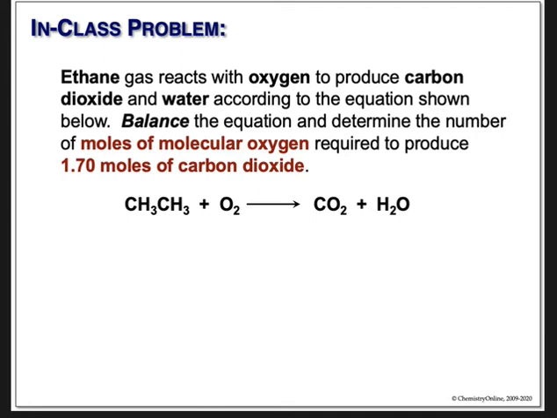And instead of 1, we'll have a 2. So the final balanced equation looks like this. Any questions? If it ever turns out like this, where you have a fraction, just multiply it by whatever it takes to make the fraction whole.